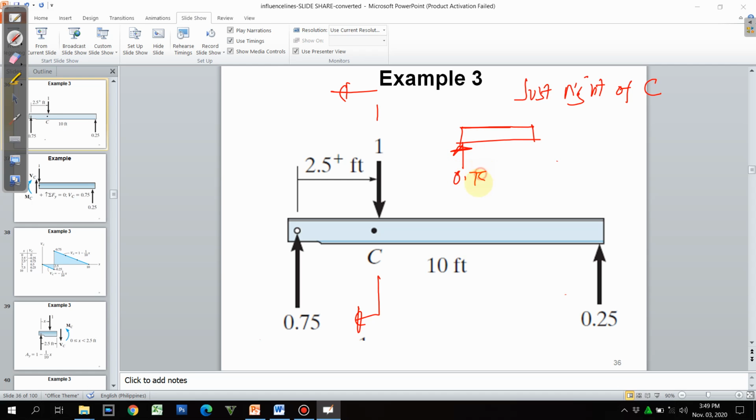This is 0.75, and we do not have any other loading aside from shear at C. So shear at C will be constant from C to B, that is equal to 0.75. So applying this rule, summation of forces in Y is equal to 0.